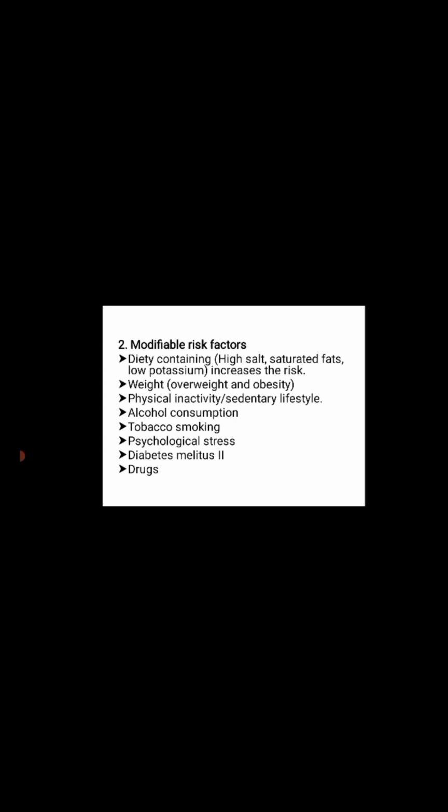If you are overweight or obese, then you are most likely to have hypertension. The other one is physical activity, as a sedentary lifestyle also puts you at risk of hypertension. Another one is alcohol consumption. Another one, tobacco smoking, psychological stress, diabetes mellitus type 2. Then lastly, drugs.